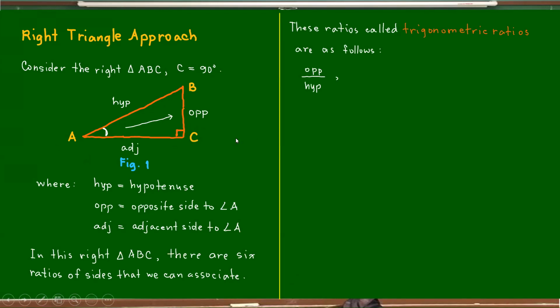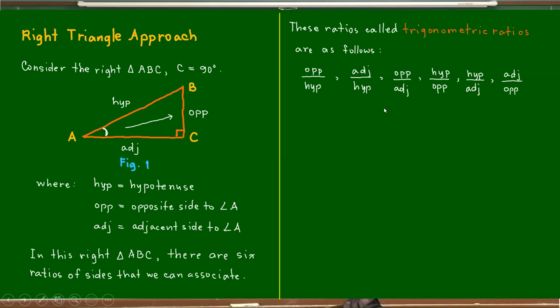So we have adjacent over hypotenuse, opposite over adjacent, and the other 3, the reciprocals of these 3 respectively. Hypotenuse over opposite, hypotenuse over adjacent, adjacent over opposite.